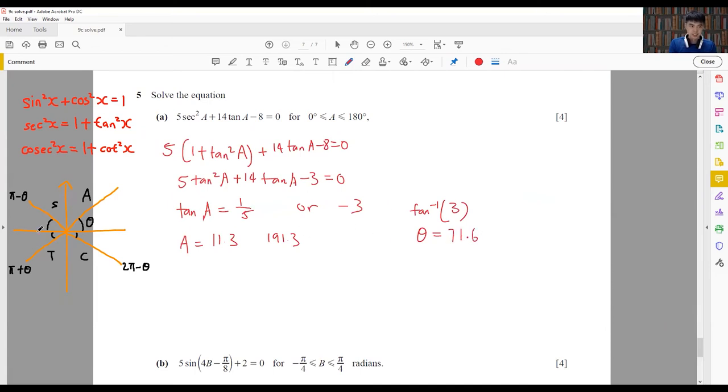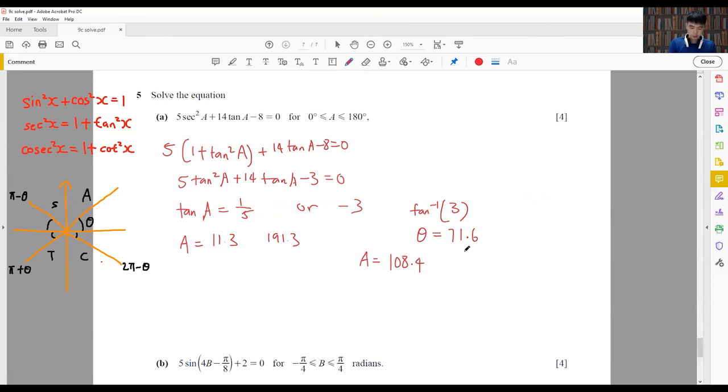Now, since it is negative, it is this quadrant and this quadrant here. So when you use 180 minus answer, the first answer for a is actually 108.4 degrees. And the second answer for a, 360 minus this answer here of 71.6.